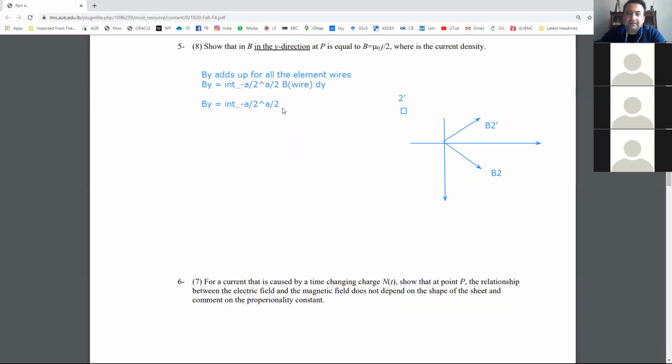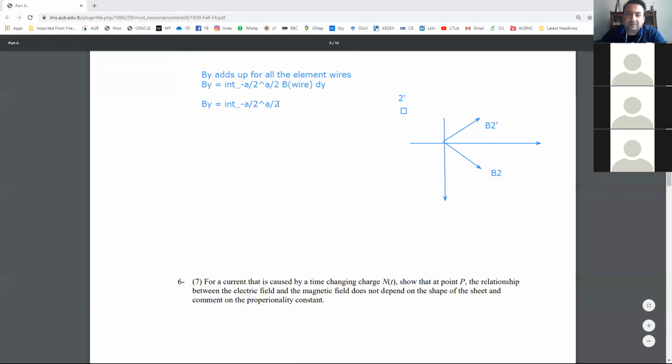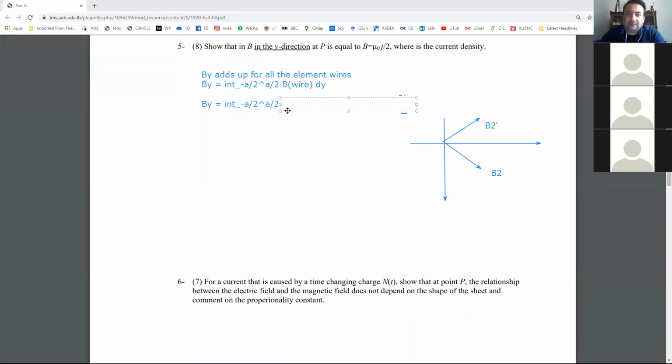So this was mu0 I divided by r, which was basically y, or I don't know, divided by 2 pi x.